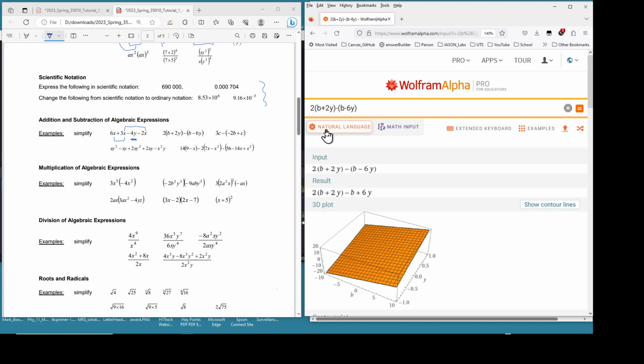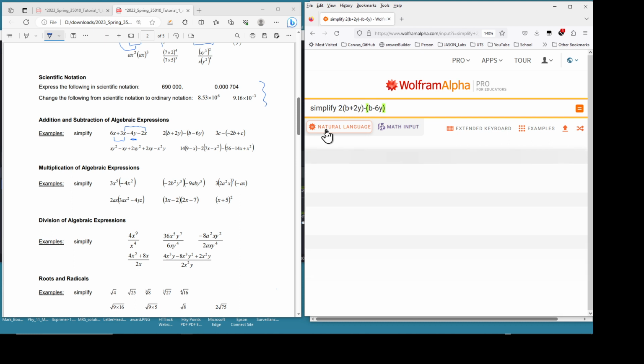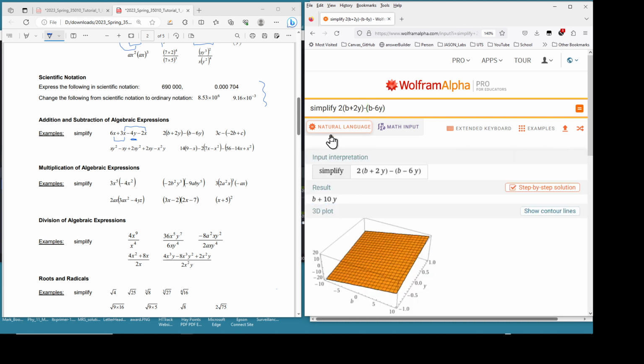Okay, so we're going to go simplify. Now was that the one? b plus 2y minus b minus 6y.